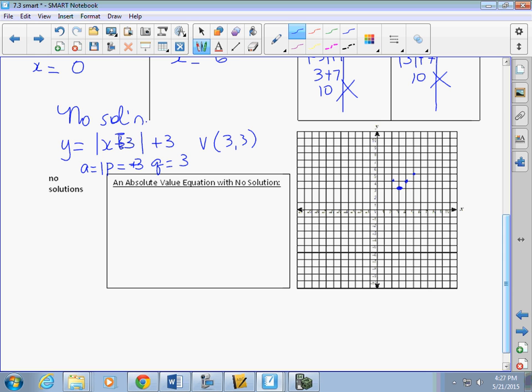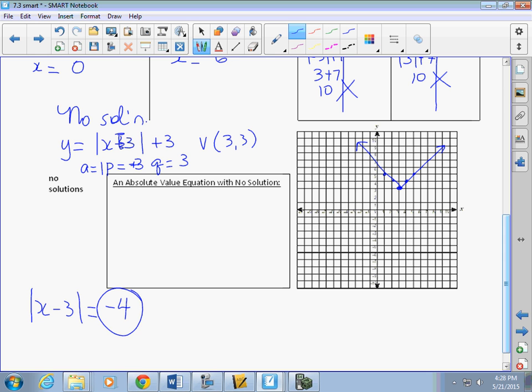I don't have to do a whole lot of these because you can see that this is above the x-axis, so it's not crossing the x-axis. And if you look at our equation when we manipulated it, we had x minus 3 is equal to negative 4.